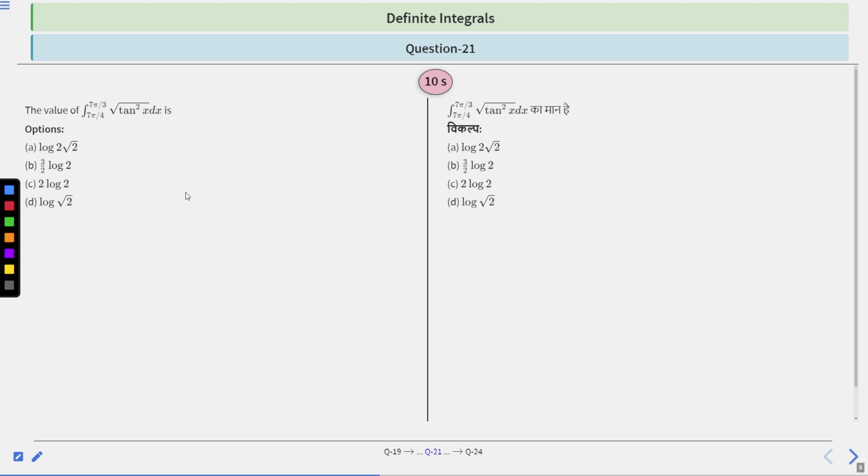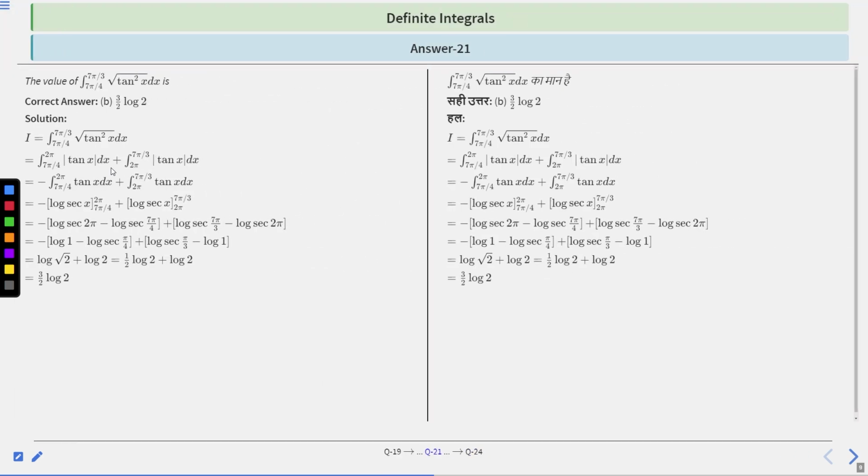You just have to check the quadrant in which the interval 7 pi by 4 to 7 pi by 3 is lying, right? So you have 10 seconds to solve or think about this question. After 10 seconds, we will discuss the solution. Okay, let's move to the solution part.